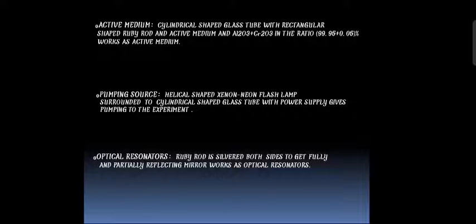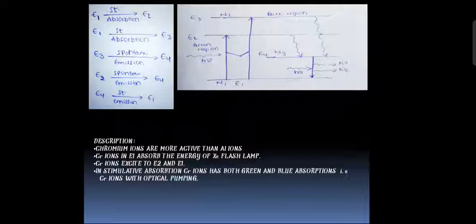Pumping source: helical shaped xenon and neon flash lamps surround the cylindrical shaped glass tube with power supplies given by pumping to the experiment. Optical resonators: the ruby rod is silvered on both sides to get fully and partially reflecting mirrors, which work as optical resonators.